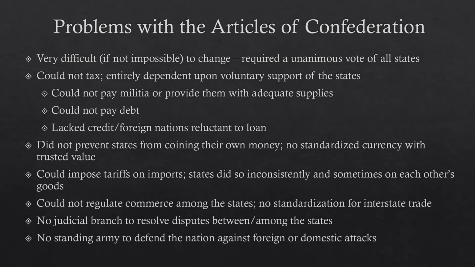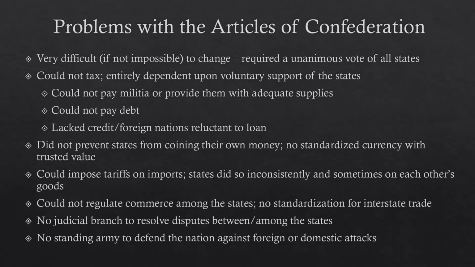And there's no army. We had states sending their militia to help fight against Great Britain, but after the war was over, those state militiamen went back home, and they were not paid soldiers. They did not work for a national government. They worked for their state governments. They were fighting for their states.